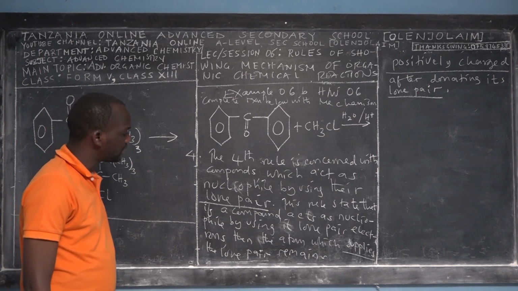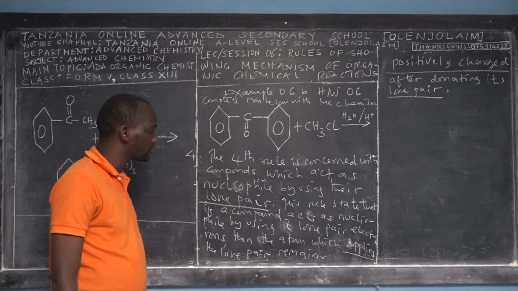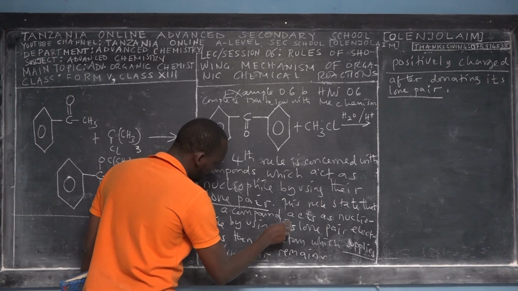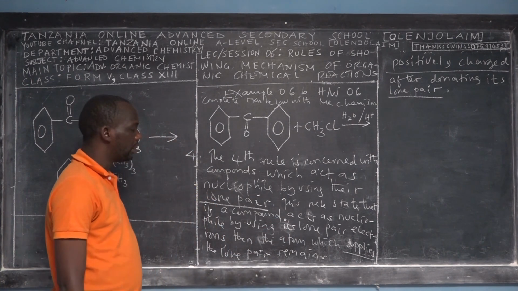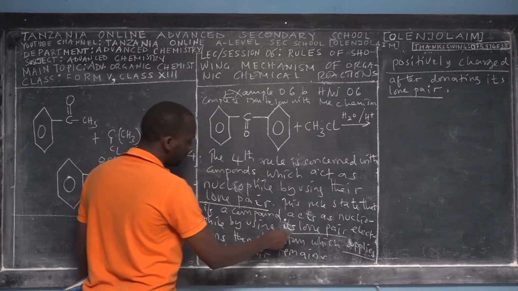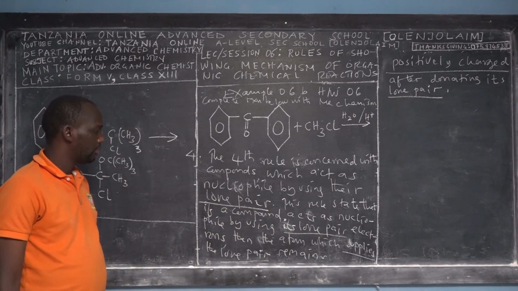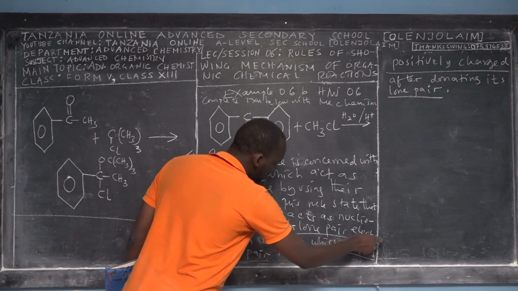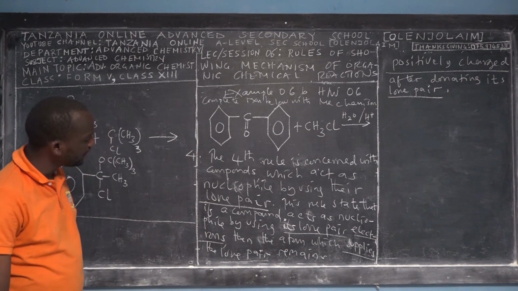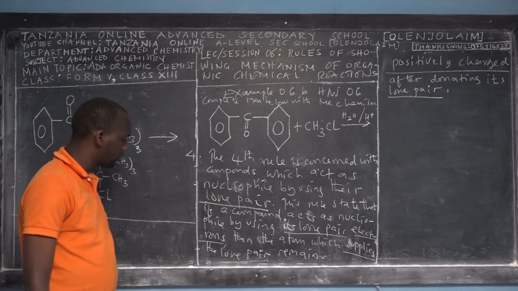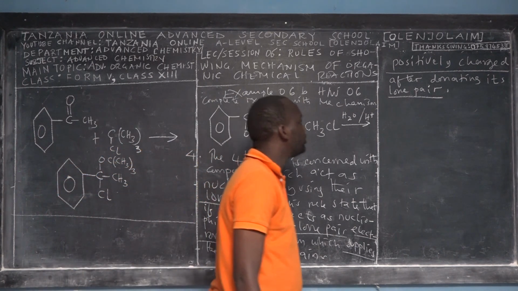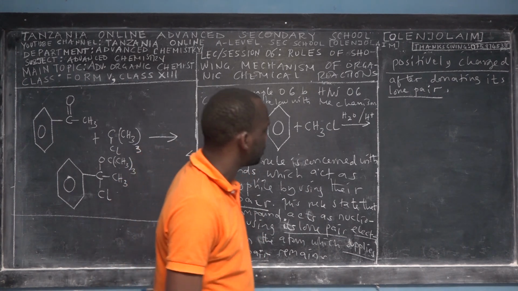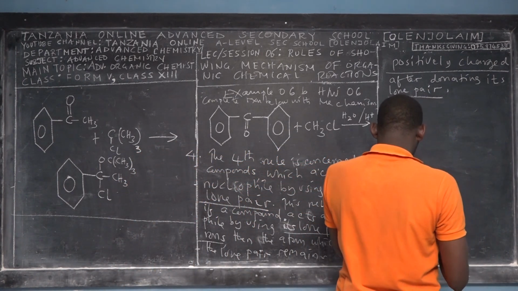If a compound acts as nucleophile by using its lone pair electrons, then the atom which supplies the lone pair remains positively charged after donating its lone pair. So let us see an example.